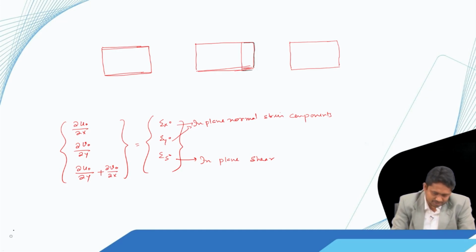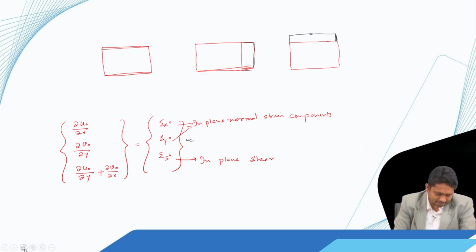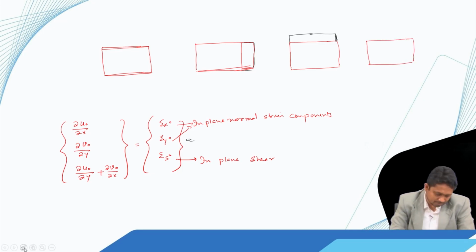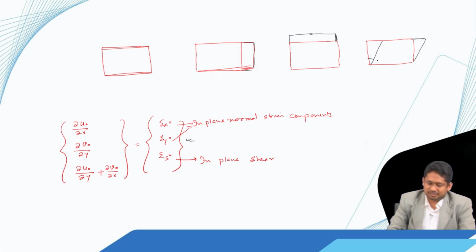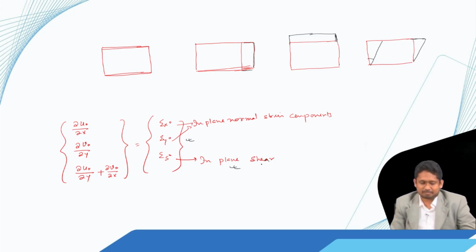The same thing, if it extends or contracts in this direction, is signified by the second component, and then there can be a shear, which is signified by the last component. So, there can be shear which is denoted by this change of angle. This is the in plane shear from the last component.